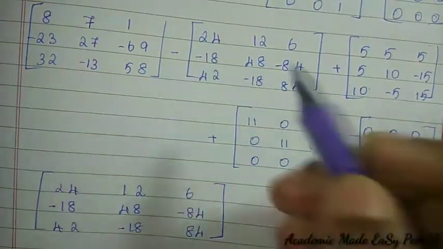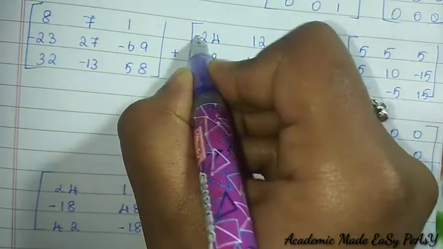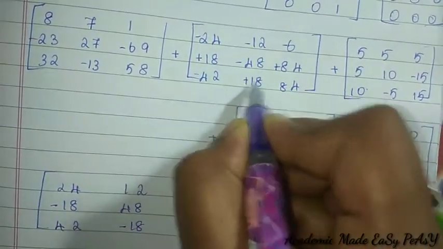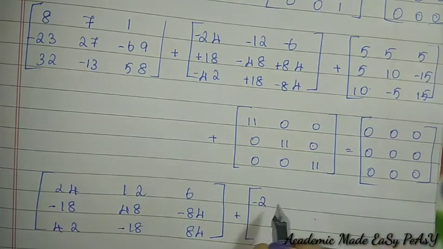Now I'm going to take this minus sign inside. So I will have plus, minus, minus, minus, plus, minus, plus, minus, plus, minus, minus, plus.